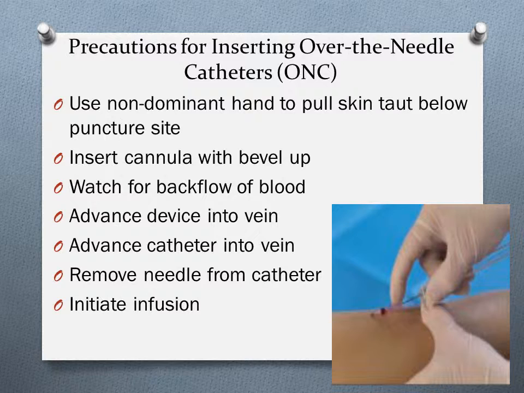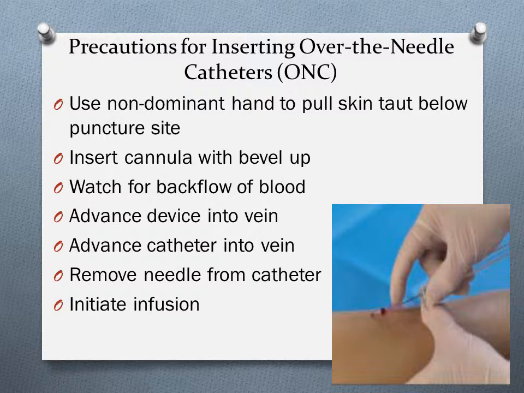Once you have inserted the entire device slightly into the vein, then you're going to advance the catheter into the vein. So you're holding the device securely with your non-dominant hand, and you cautiously thread that catheter into the vein. Sometimes you just use a finger, sometimes you use the other hand, etc. But you never re-advance a needle into a catheter once you have begun threading, because it can cause a catheter emboli.